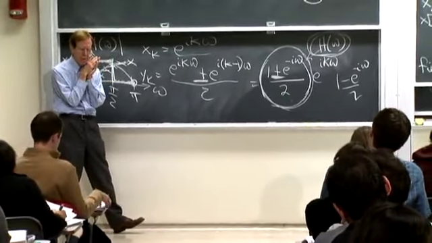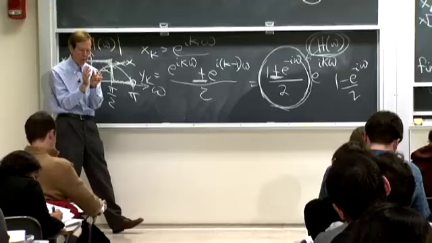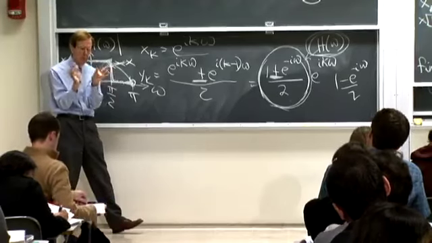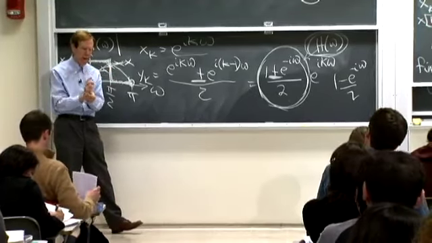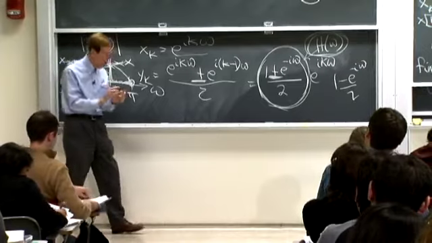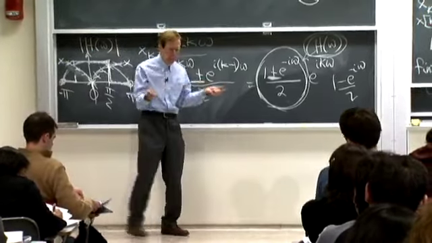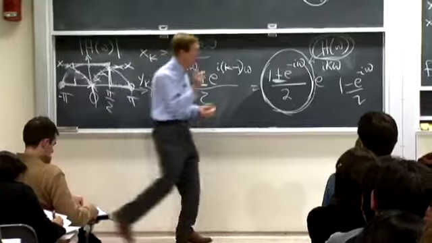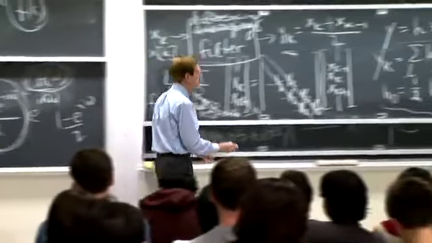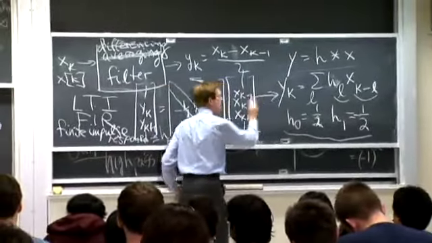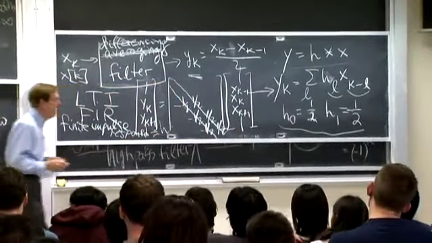This simple example gives us a way to visualize convolution. And I think we need that, right? Because up to now, convolution has been a formula. That's the formula for convolution. How do I visualize that?